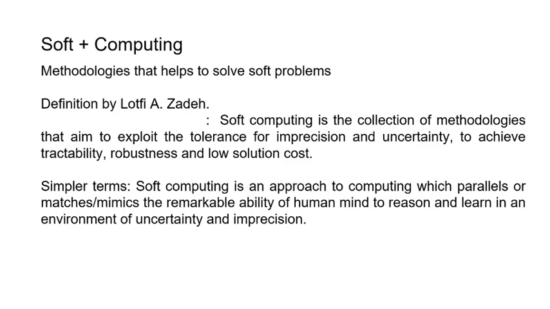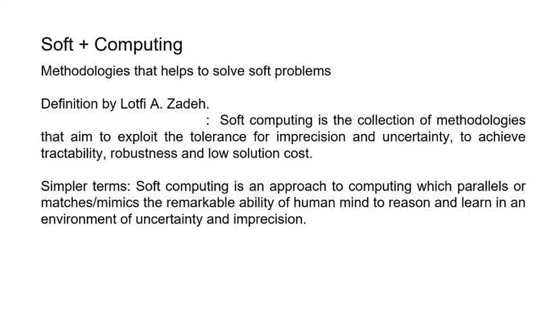So soft computing is the collection of methodologies that aim to exploit the tolerance for imprecision and uncertainty. See, if the problems have a percentage of imprecision rate or uncertainty rate, if the problems are imprecise or uncertain in nature, then soft computing methodologies always aim to exploit the tolerance for these things, and to achieve solutions which are tractable, robust, or have low solution cost.